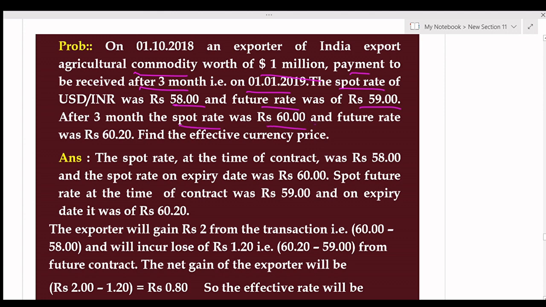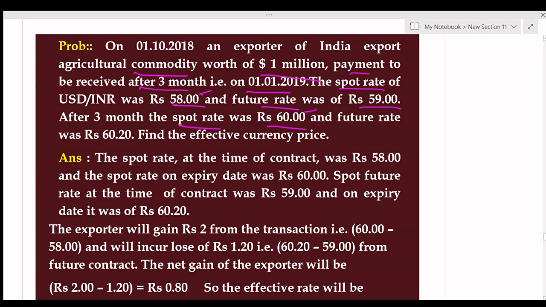Here the exporter will gain rupees 2 per dollar, because the spot rate on signing the contract is 58 and the spot rate on expiry date is rupees 60.